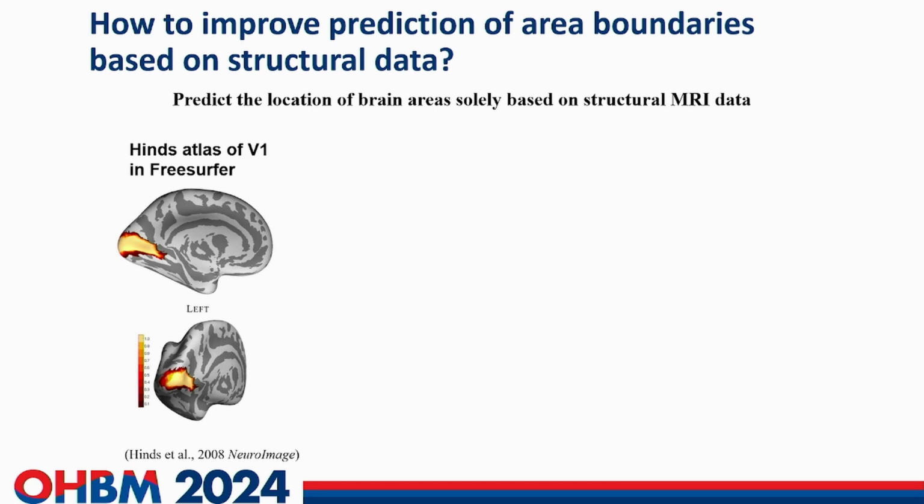Also, getting localizer data is expensive in terms of scanner time. If we use the FreeSurfer Hinds atlas of V1, of course you can reasonably predict the location of V1. But this is actually not a perfect model of the primary visual cortex, because it doesn't fully match the manually delineated boundary in retinotopic data.